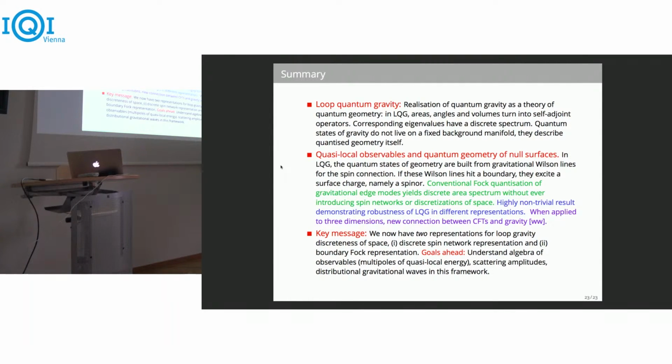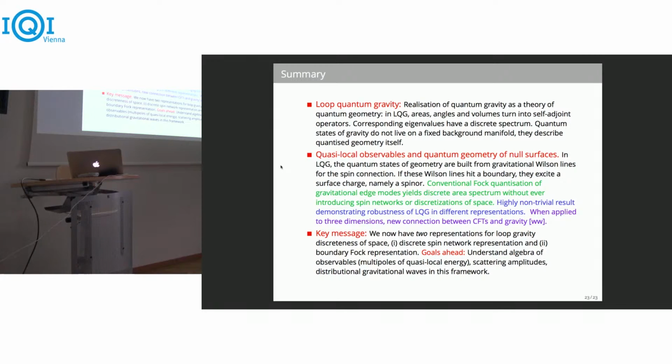And this you can do, in fact, and then you find that on the null boundaries you obtain certain observables, or you obtain observables for quasi-local angular momentum, but also for the area of a cross-section.